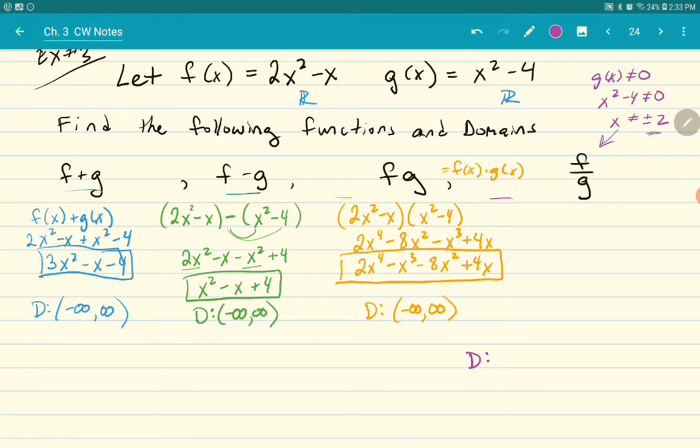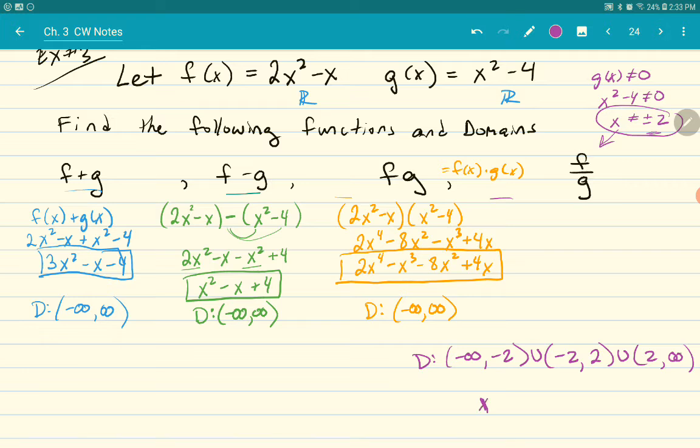So the domain for the quotient is going to be negative infinity up to negative 2, not including negative 2, union negative 2 to positive 2, and then also not including positive 2. So this is the way to write this restriction in domain notation.